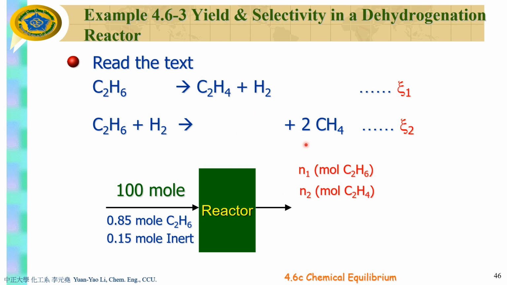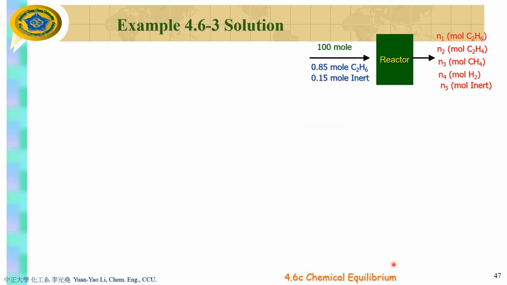So you have C2H6, C2H4, CH4 here, and H2 here. That's what you don't know, but you know there are two specifications, right? This is hydrogen here.